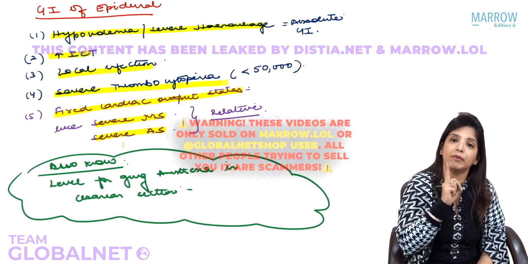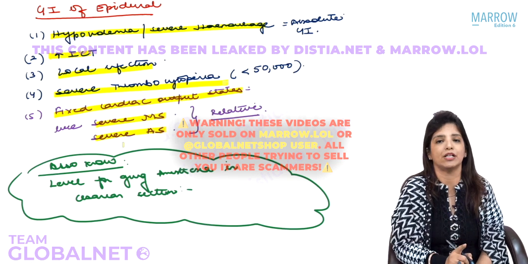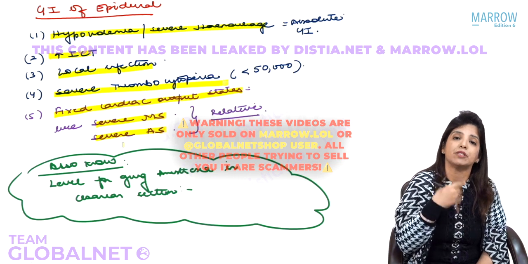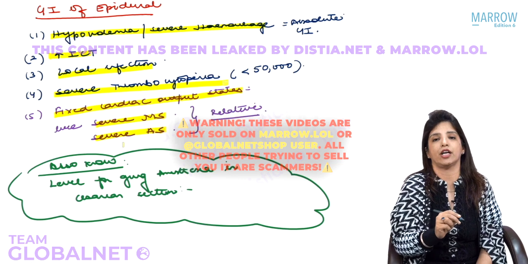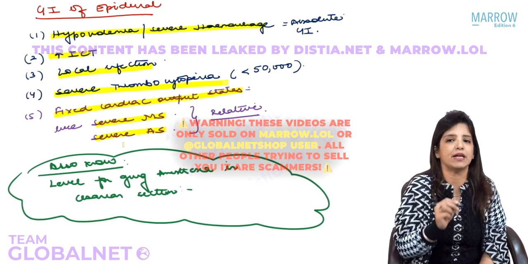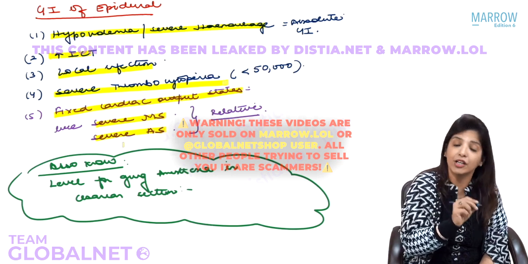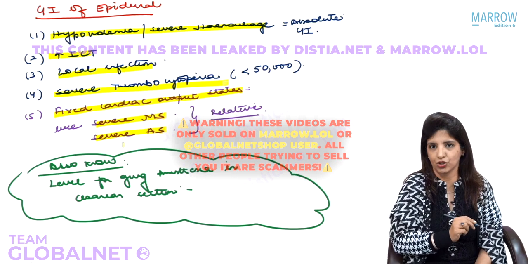No. Your answer will be no. Rather, in heart disease patients, we give them epidural analgesia because if they have pain, it can precipitate heart failure. Only a relative contraindication is severe MS and severe aortic stenosis. That too, it's a relative contraindication. It's not an absolute contraindication.